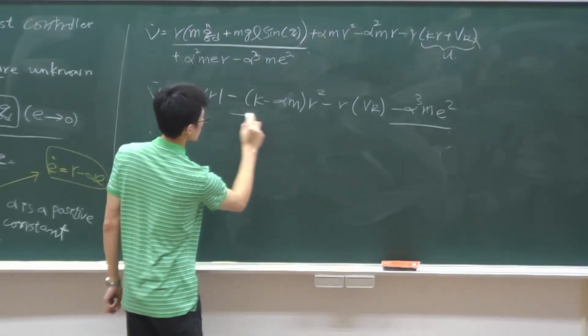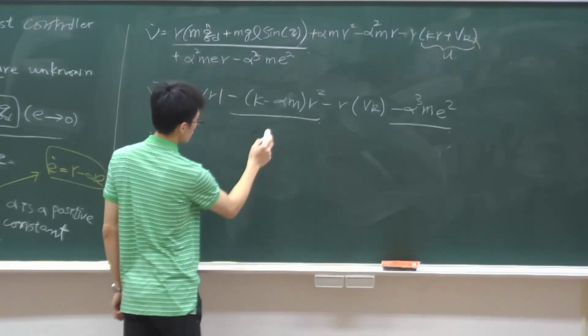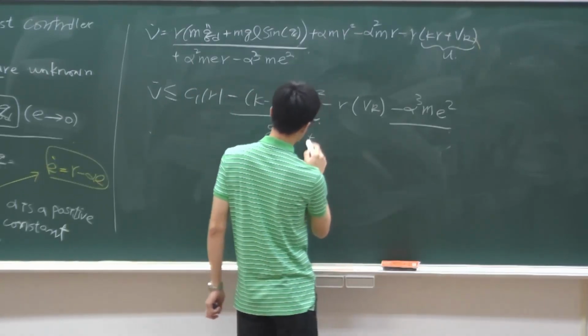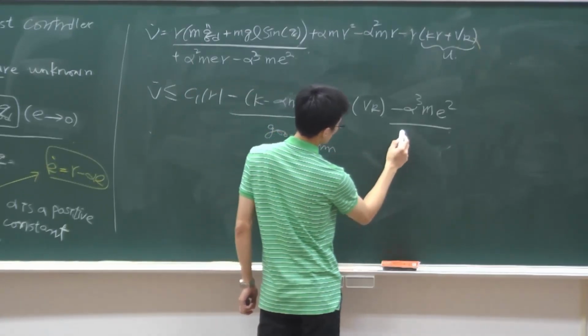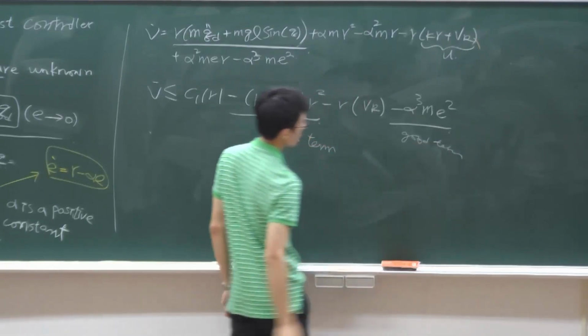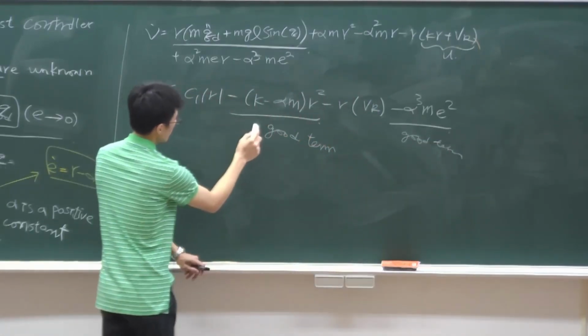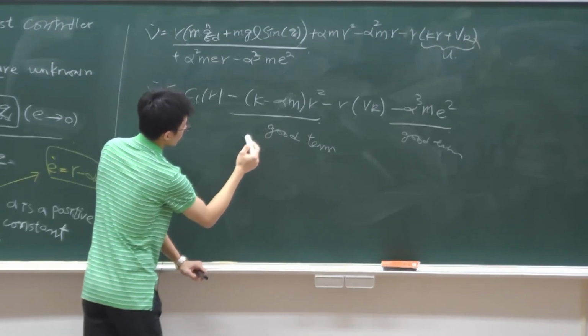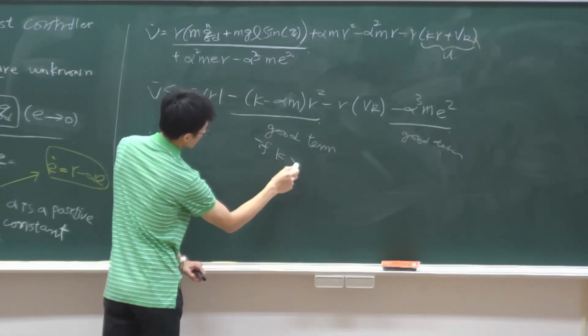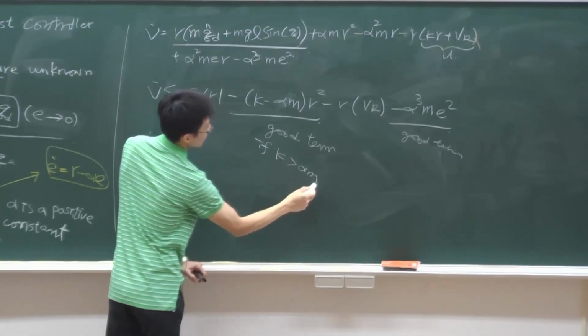We have these two terms. This is a good term. But there's a condition for it to be a good term: k is greater than alpha m.